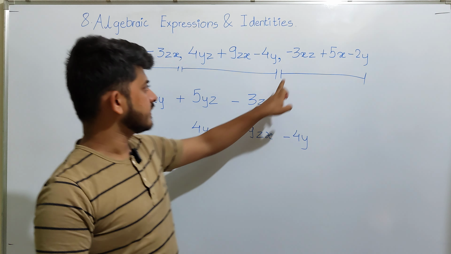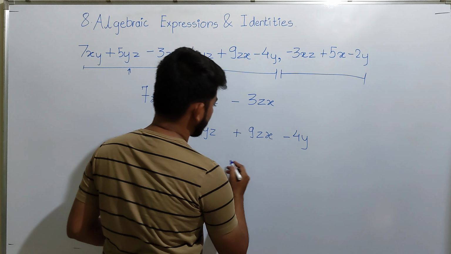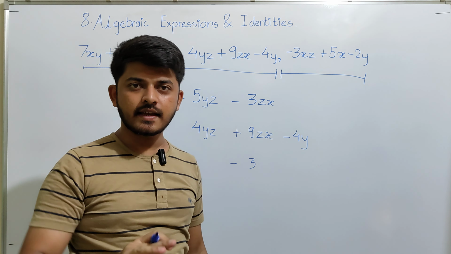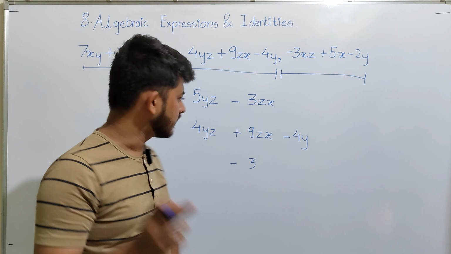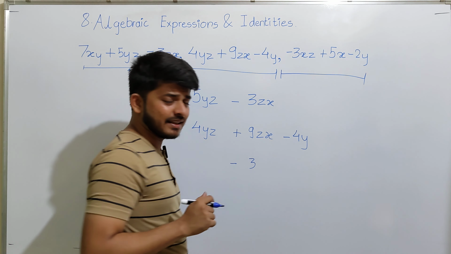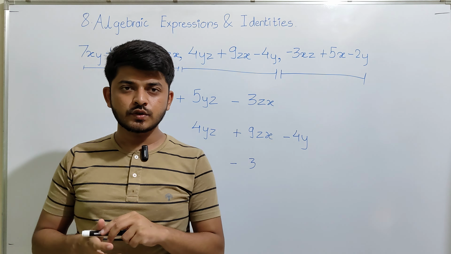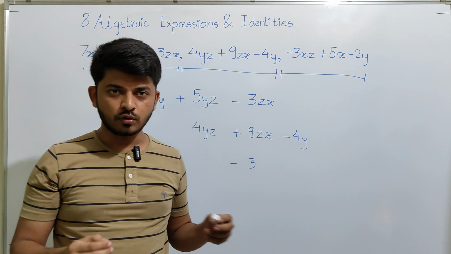Now here they have said that xz and zx are the same, so I'll write as it is. They have written a note that xz and zx is same, right? I'm taking the solved example because many students, even though the example is solved, don't know how to solve.